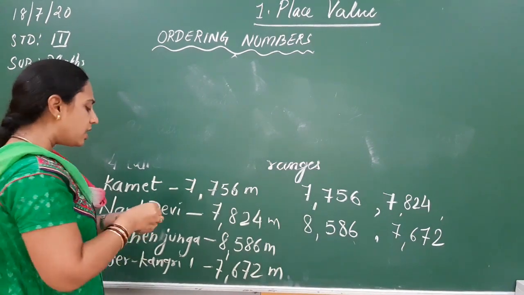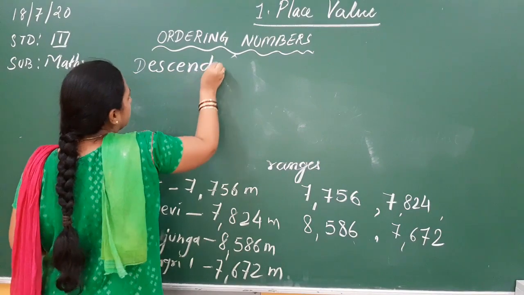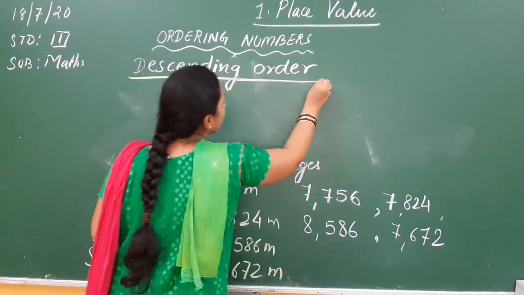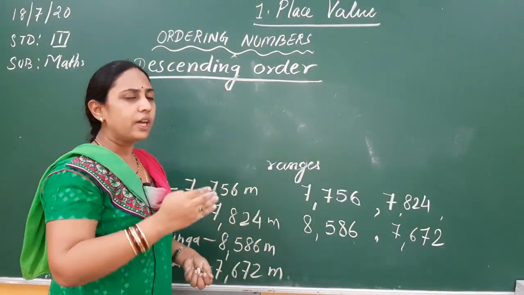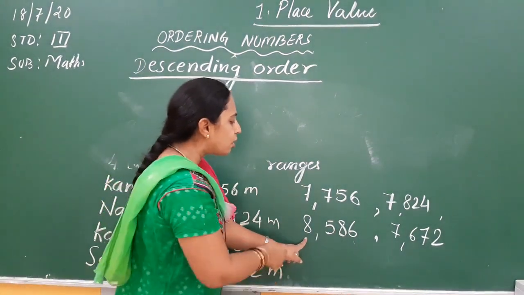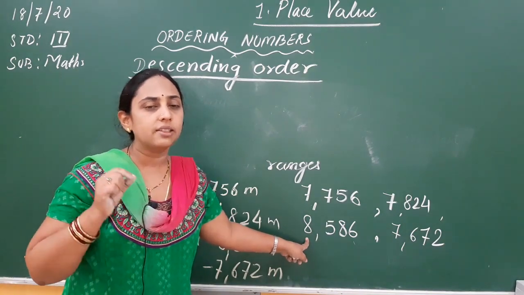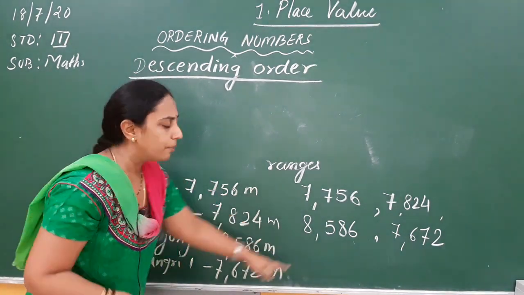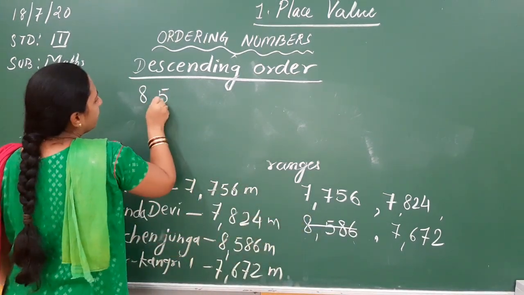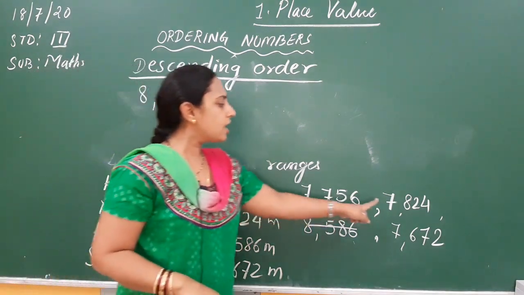So we are arranging in descending order, which means highest to lowest, greatest to smallest. Out of these, 8 is in the thousands place and it is the greatest number, so we will strike off 8 and write 8586.